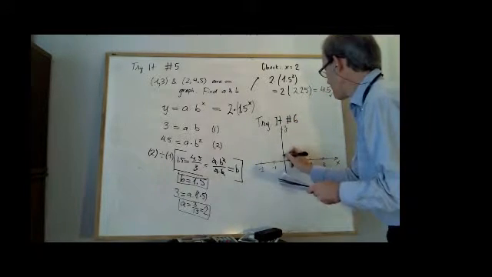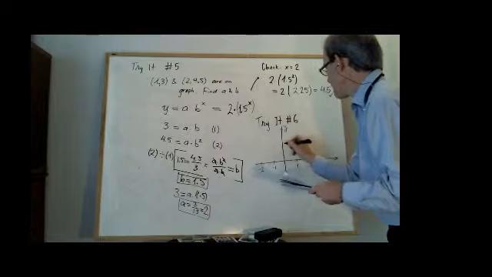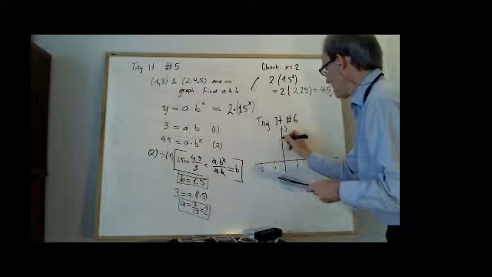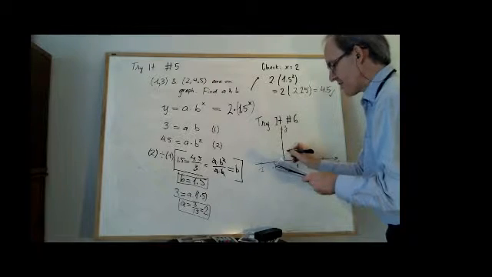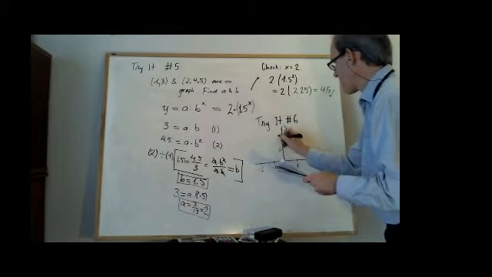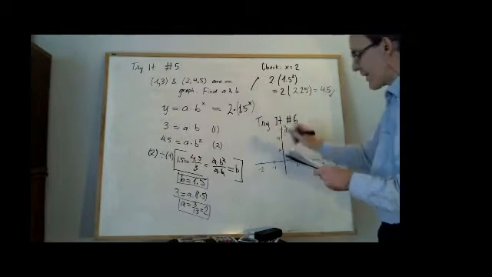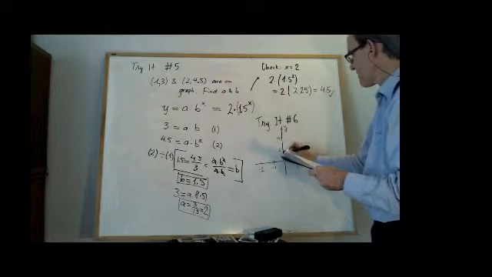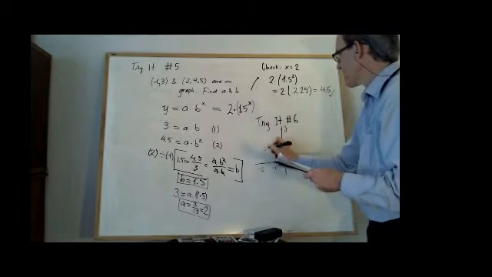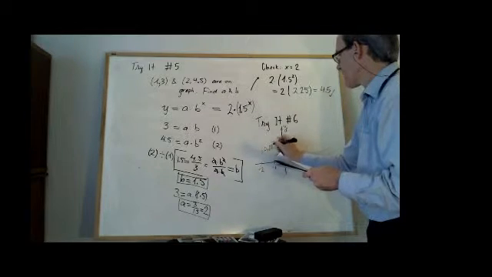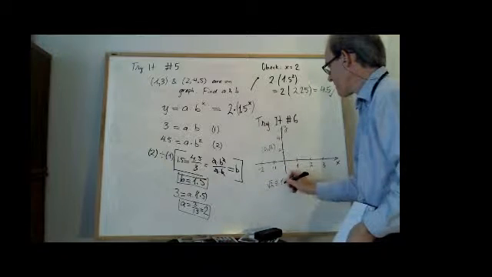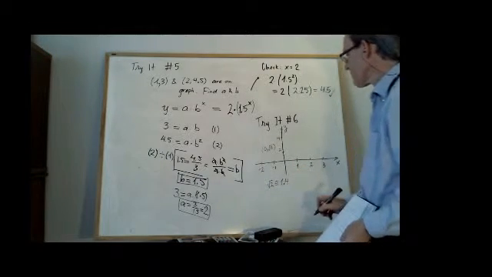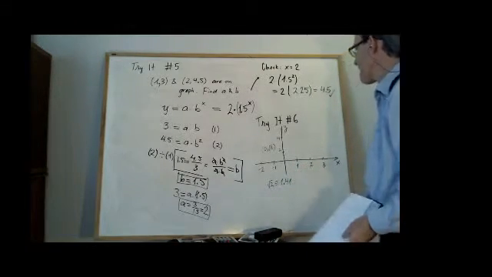So here's, let's say, 1, 2, 3, 4. And between 1 and 2, on the y-axis, it goes through. They give you 0 and the square root of 2. The square root of 2 is about 1.41.